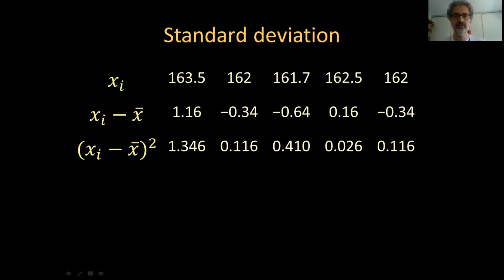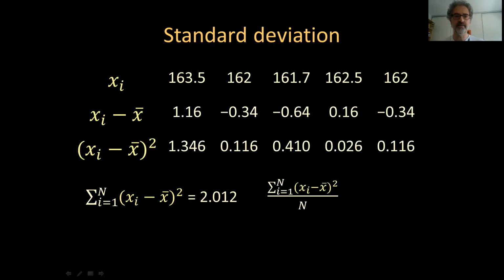And all we have to do is just add them up. So if we just sum these 5 numbers, we obtain this value. This is just their sum. And then we divide by how many they are. They're 5. So divide this number by 5, and we get this number.